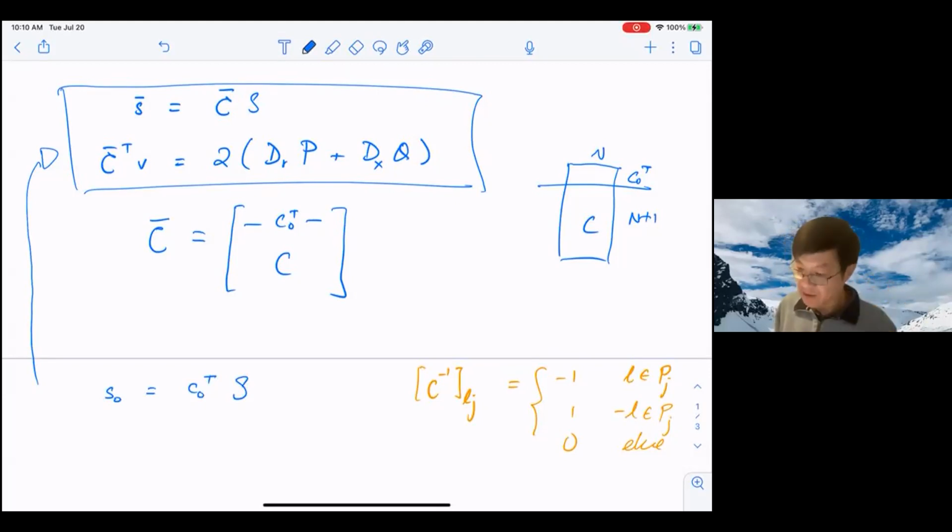And then the remaining ones are S without the bar, the remaining power injections, which are given quantities.